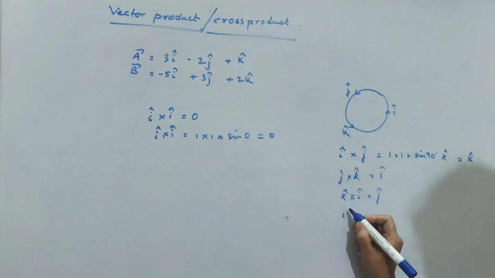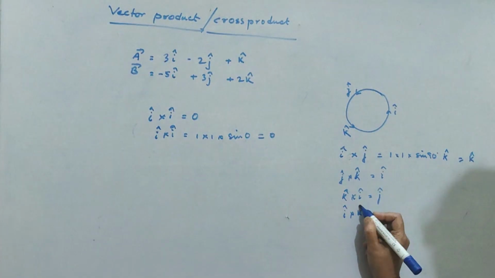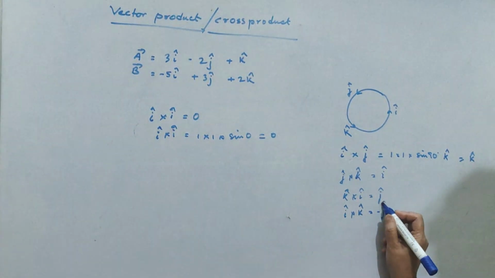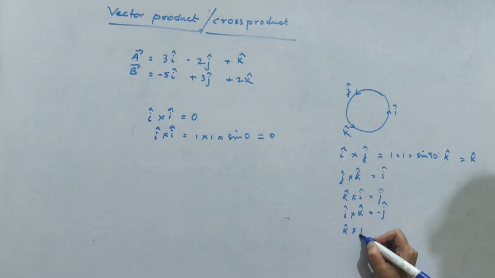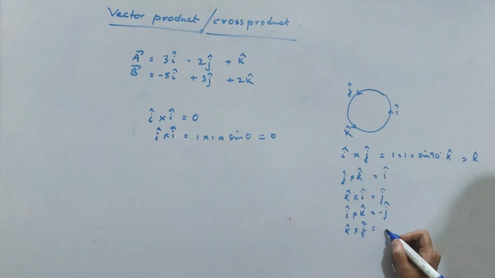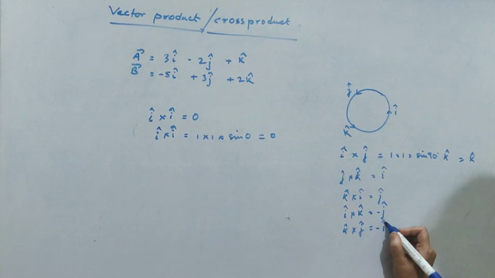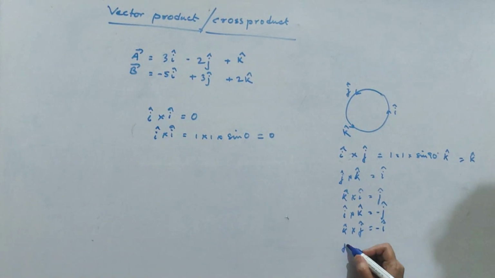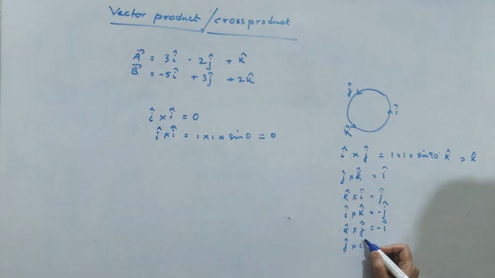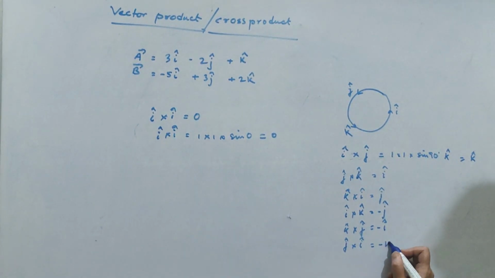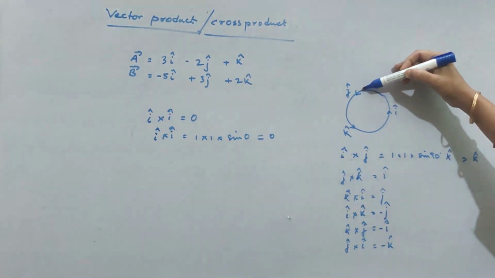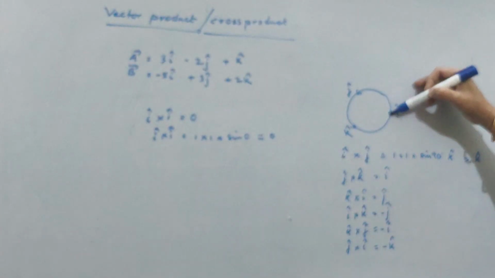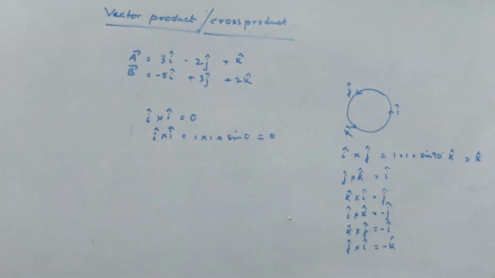So i cross k will be equal to minus j. Similarly, k cross j will be equal to minus i, and j cross i will be equal to minus k. You can see we are going in the opposite direction. j cross i is minus k. Okay?